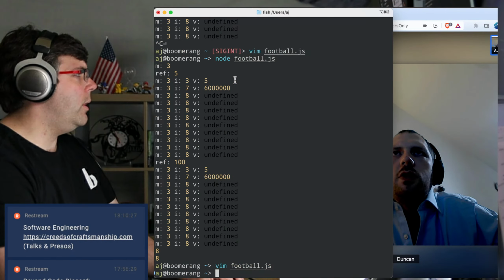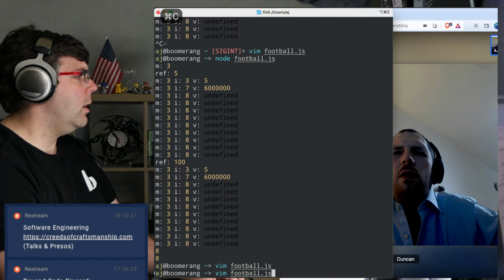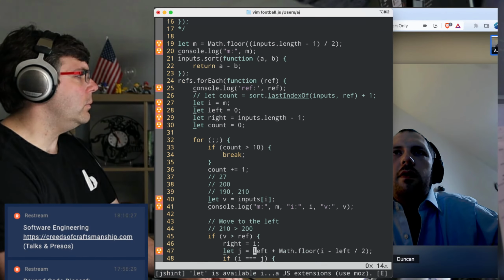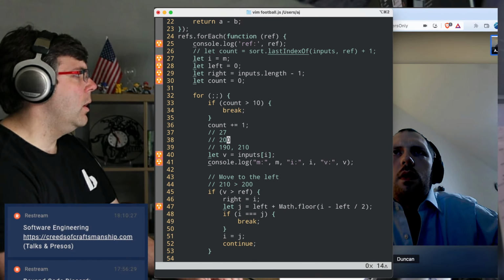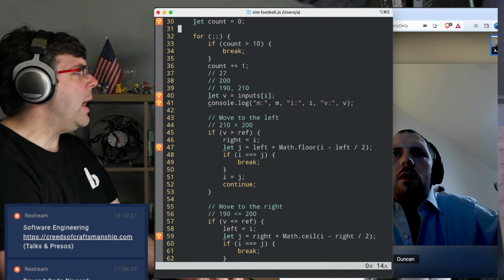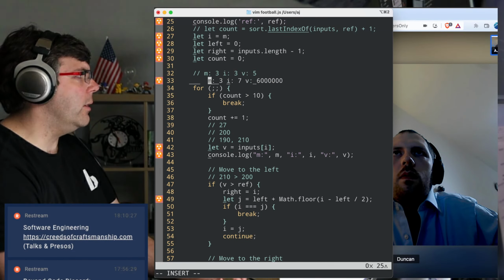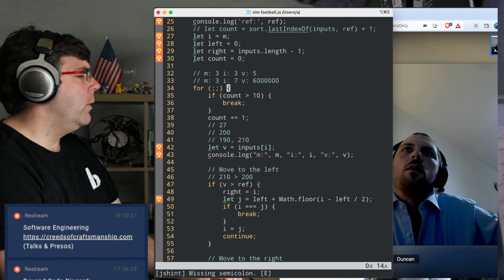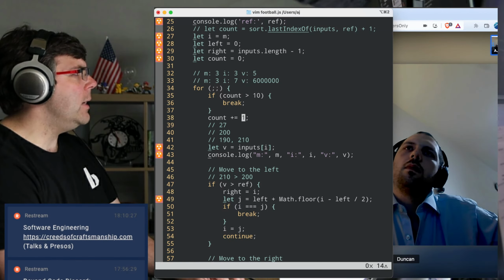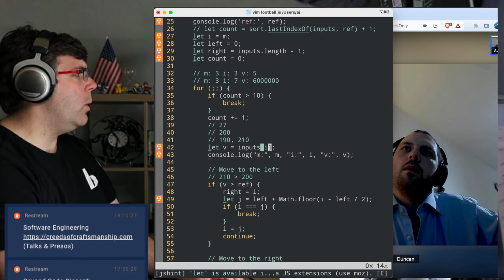V should never be equal to 6,000 because you were not checking for V. You were checking for index I versus index I plus 1, weren't you? But there's two problems. The second problem is that problem, and it will go away when this problem goes away. So if I is at 3, then we're going to get the value 5.